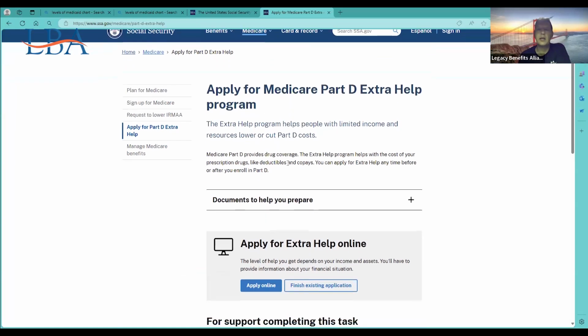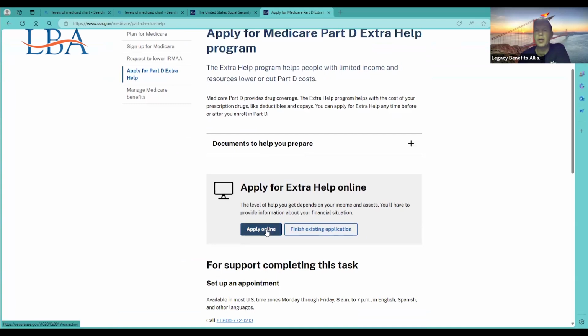Okay. So see how I can apply online right there? That's pretty nice, especially if you have a client that falls within those parameters, right? So what does that extra help do? Extra help, and this is going back to my page 4 training, puts them in the catastrophic coverage automatically.